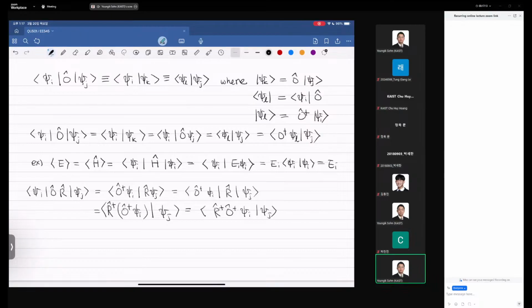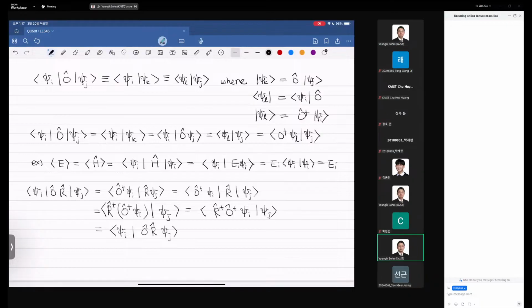And then you can move all the R and O to the left as well. In that case, you can choose to write it as O R applied to psi j, okay? So they all mean the same thing, but it expresses how you actually calculate or how you think about the physics. All right, so they're all equivalent.